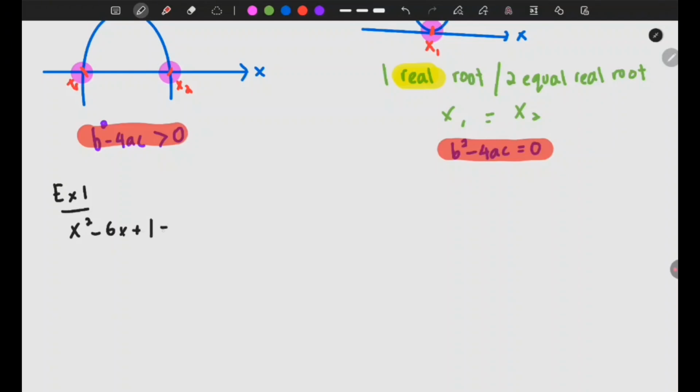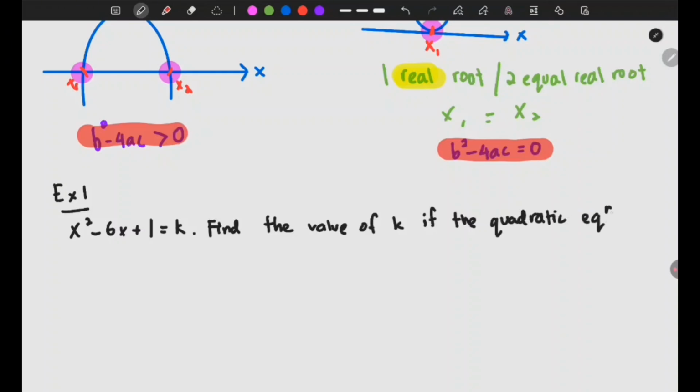And I say this, find the value of k if the quadratic equation given has two real and equal roots.